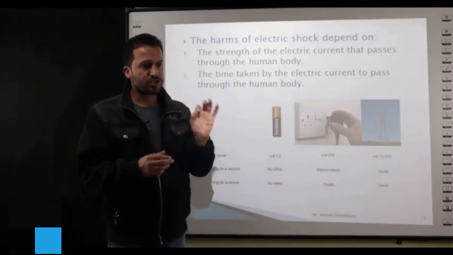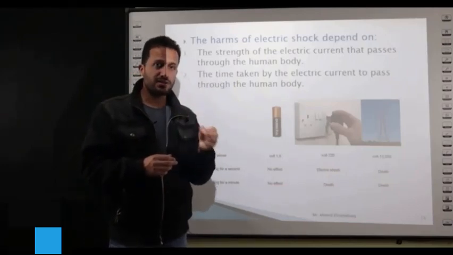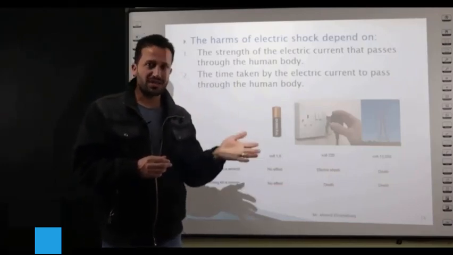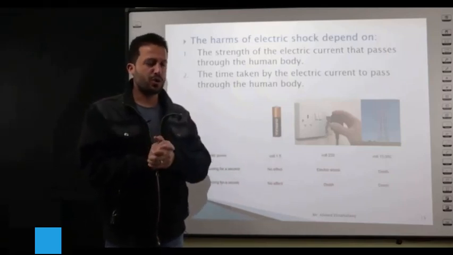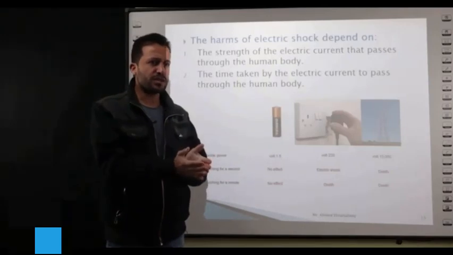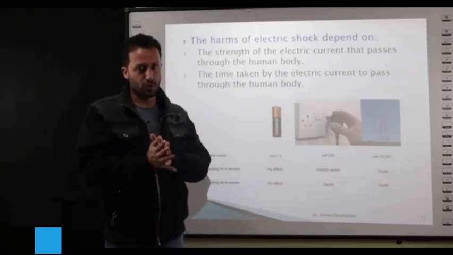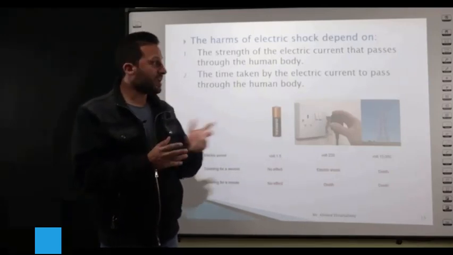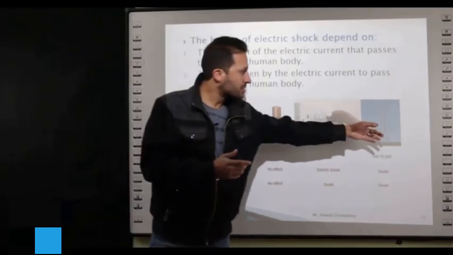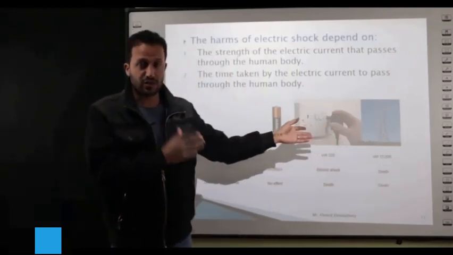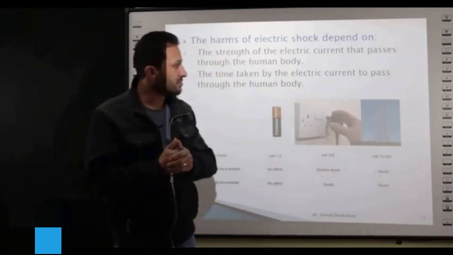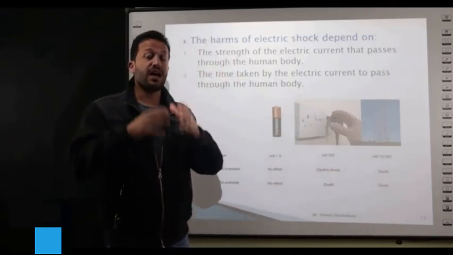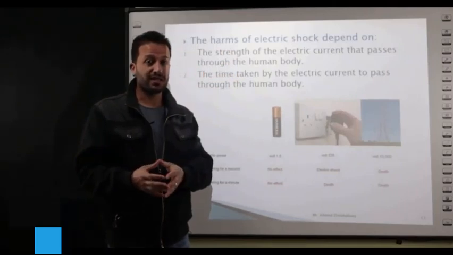So if you touch an electric wire connected to a battery, in general you will not have electric shock because the amount of electric energy coming out from the battery is too low. But if you touch an electric wire found in the electric circuit of our house or in the street, this is a large amount of electric energy.